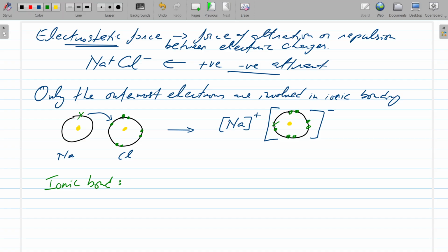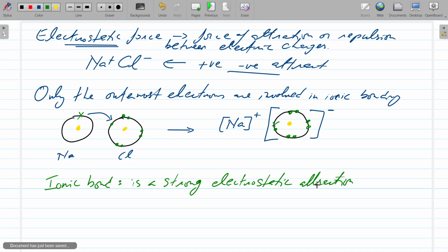An ionic bond is a strong electrostatic attraction between oppositely charged ions.